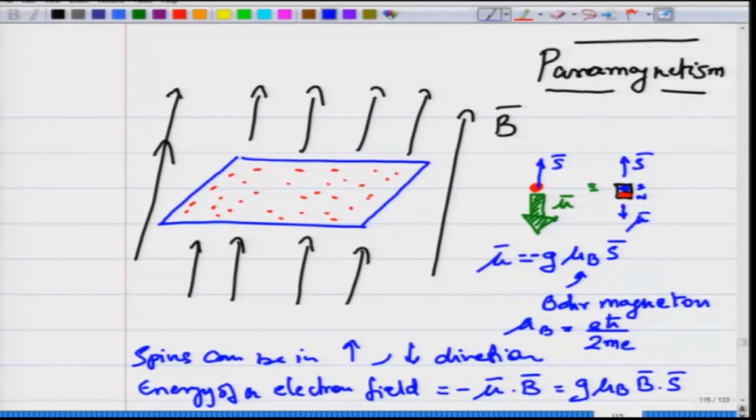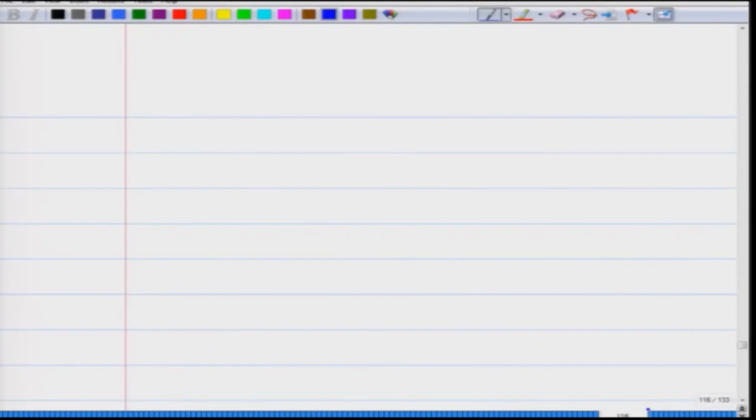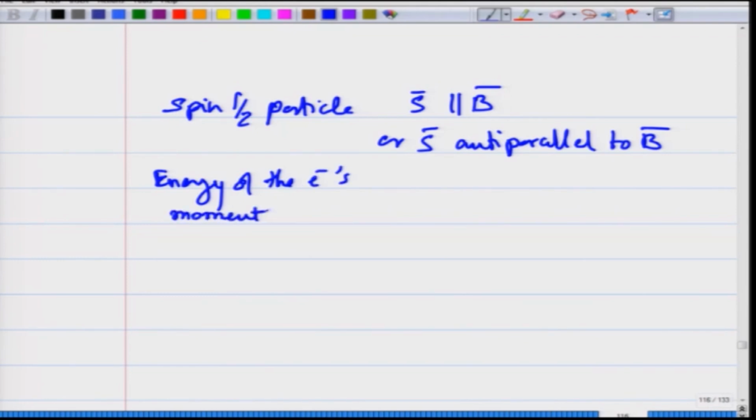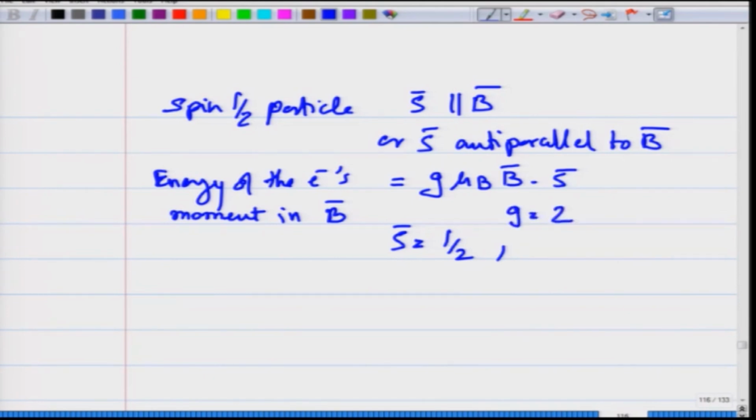Okay. And so, for a spin half particle, the spin can be either aligned parallel to the magnetic field or anti-parallel to B. So, the energy of the electron's moment in a magnetic field can be g mu B B dot S. When S is half, g for an electron is approximately 2.